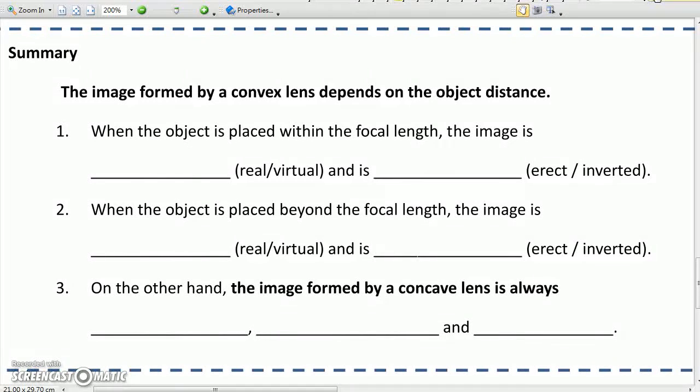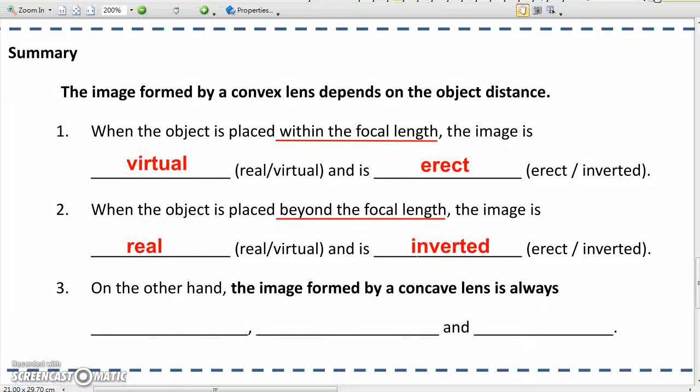And for the summary of the experiments, for a convex lens, when the object is placed close to the lens within the focal length, the image must be virtual and erect. If the object is further away, beyond the focal length, then the image must be real and inverted.